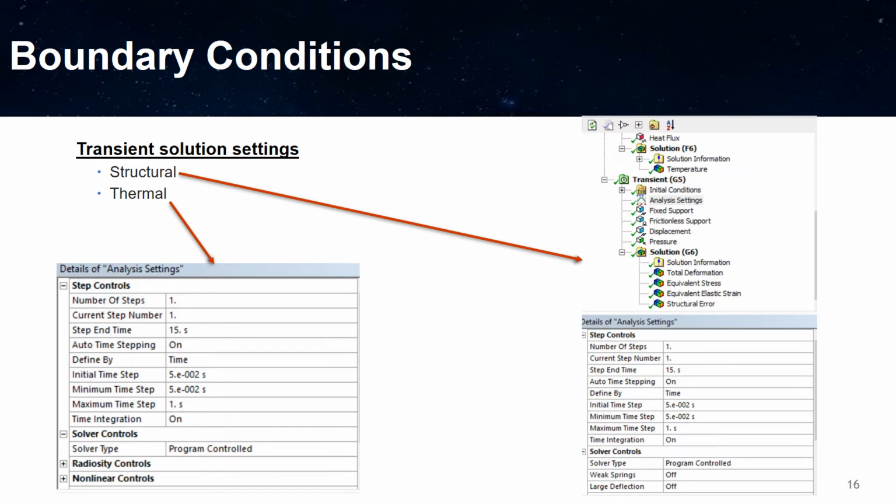The transient solution settings that I used for structural and thermal are basically similar. For the analysis settings, the number of steps is going to be one, but the step end time would be 15 seconds, and the steps would be defined by time.